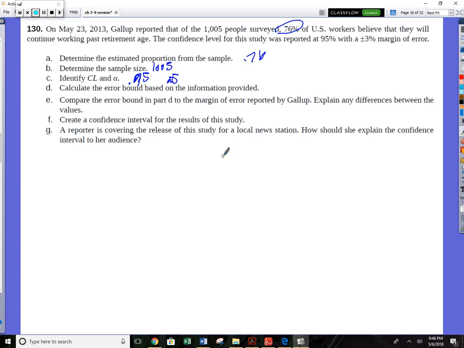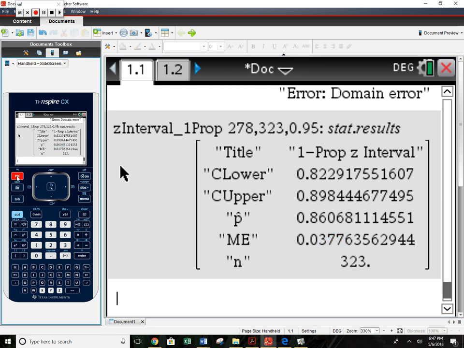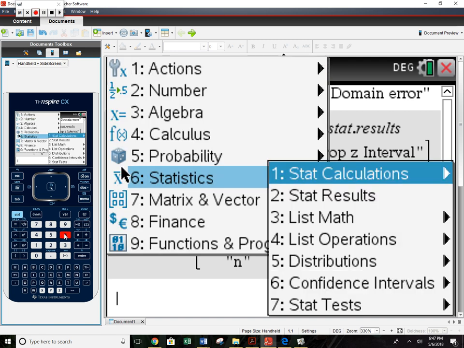Okay, calculate the error bound. Let's try it on the calculator. Here we go. So we're going to go menu 6.